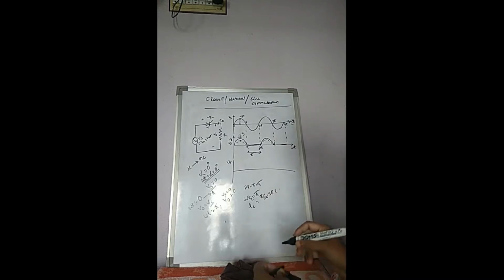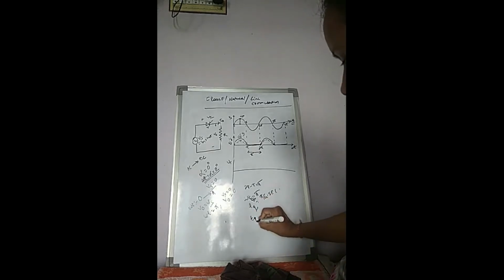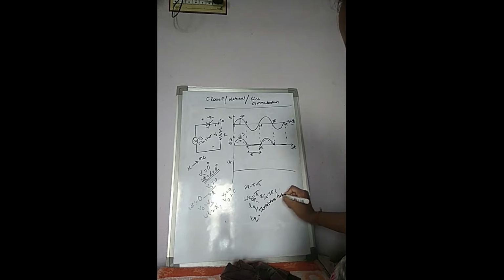This Tc represents the thyristor turn off time, or you can better represent it as TQ. Okay, TQ represents thyristor turn off time, whereas TC represents circuit turn off time.